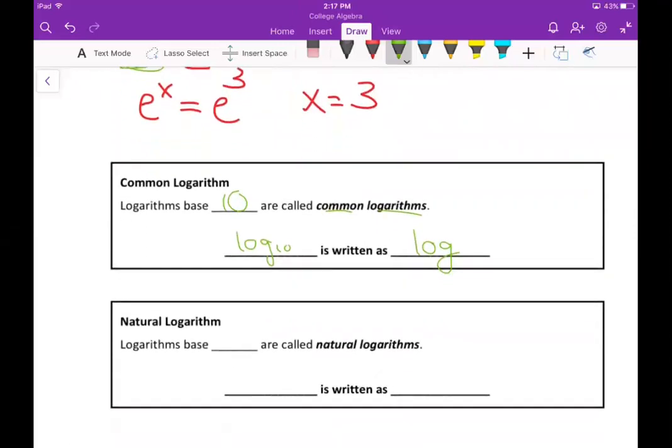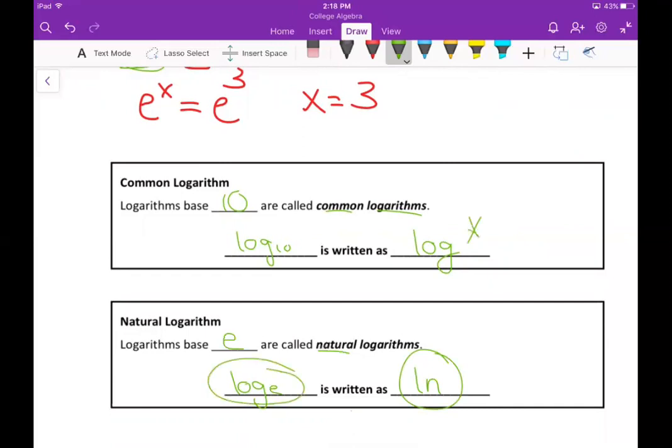The other log key that you'll see in your calculator is a log base e. So before I wrote that as logarithm base e, that's our natural logarithm. It's naturally occurring in nature. This e comes up naturally. That's kind of where the natural logarithm comes into play. And so if you see this completely different looking ln, it just means log base e.